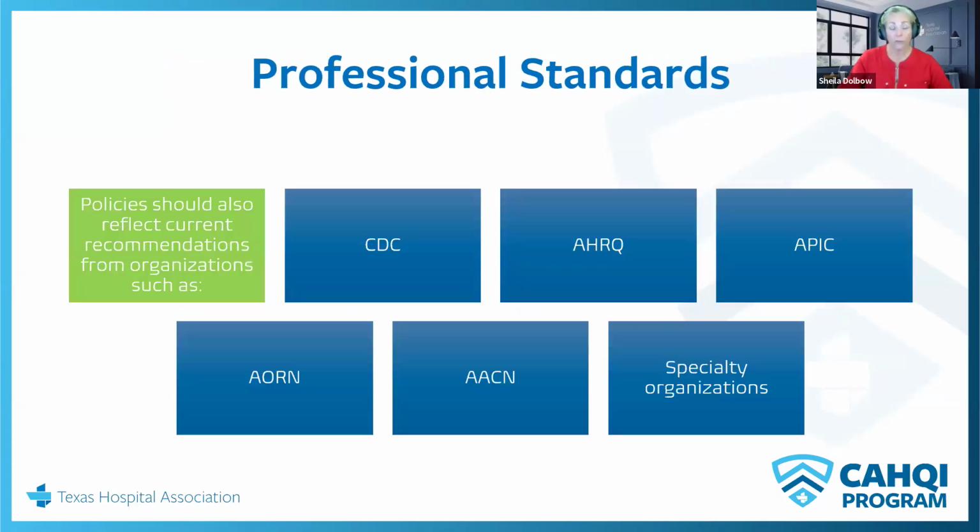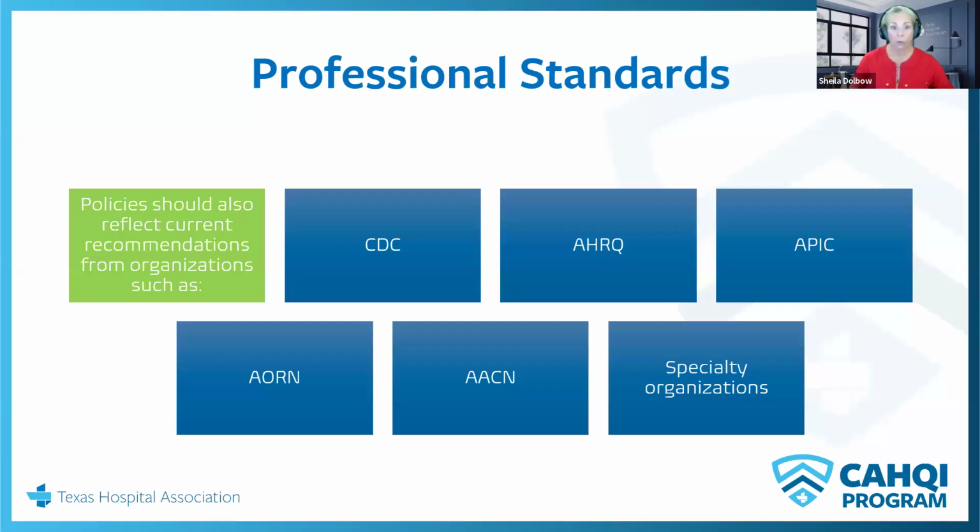Professional standards have to follow current best practice. Again, CDC and the guidelines that they put out. There are other organizations out there, such as AHRQ when it comes to healthcare quality, APIC for infection prevention, AORN, AACN, you have TMA for the Texas Medical Association, AMA.